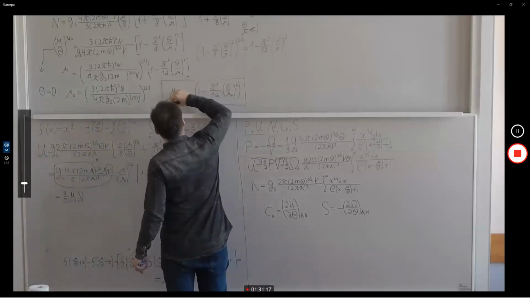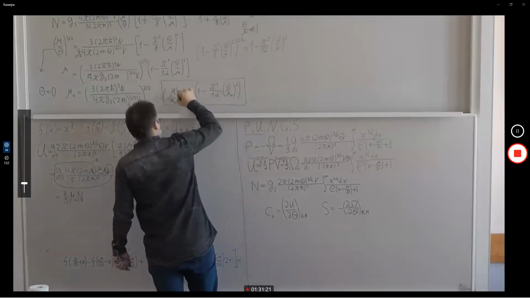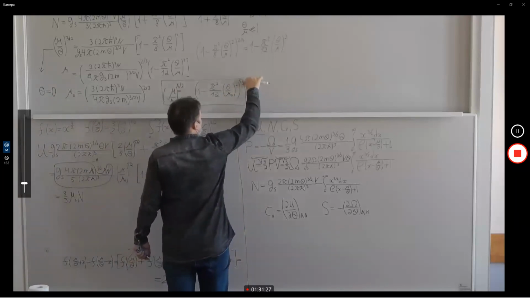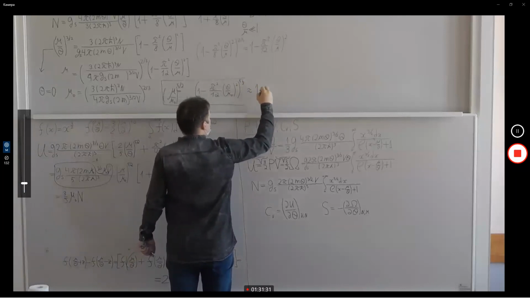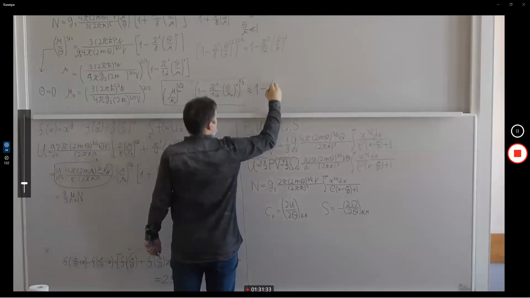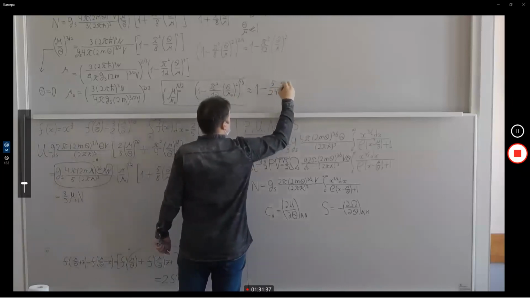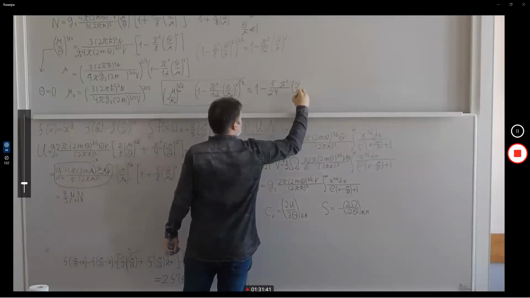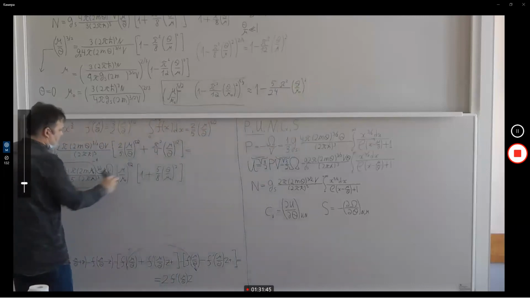So I divide by mu sub 0 here, and then take to the power 5/2, and I get approximately 1 minus 5/24 pi squared theta over mu sub 0 squared.